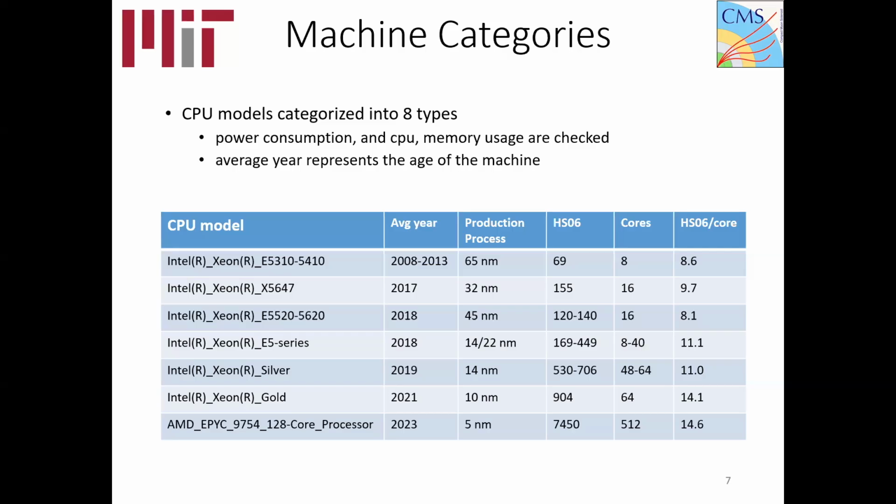And this is the latest one, which was produced 1 or 2 years ago with a process node of 5 nanometers. The process nodes in the table range up to 65 nanometers. You can also find their corresponding HEPSPEC values and the number of cores per machine. The latest one that we use as new hardware has more than 500 CPU cores for each machine.